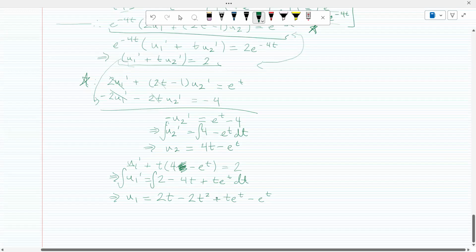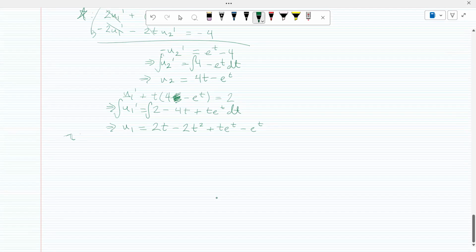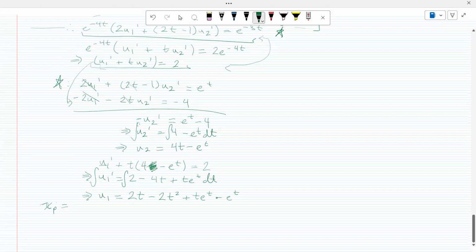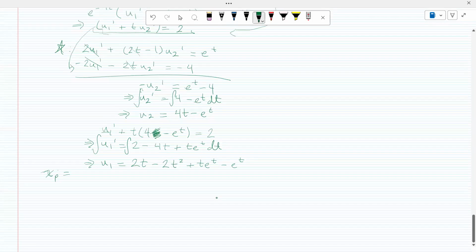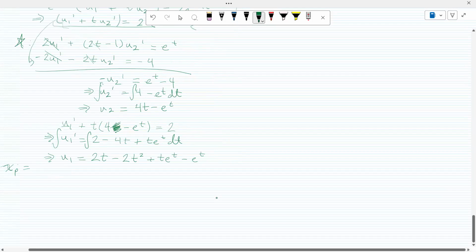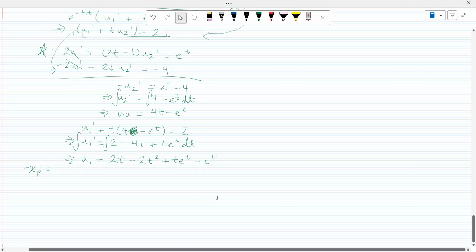With all of this, our particular solution is equal to this long expression for u1.